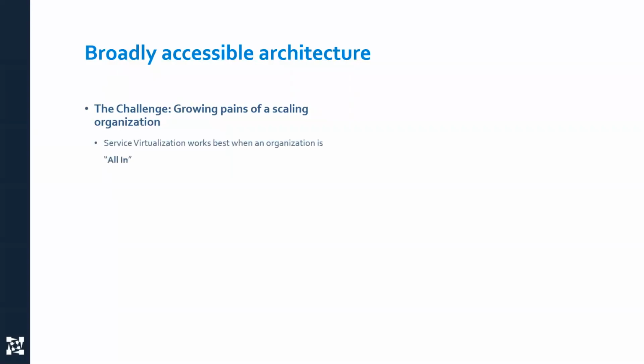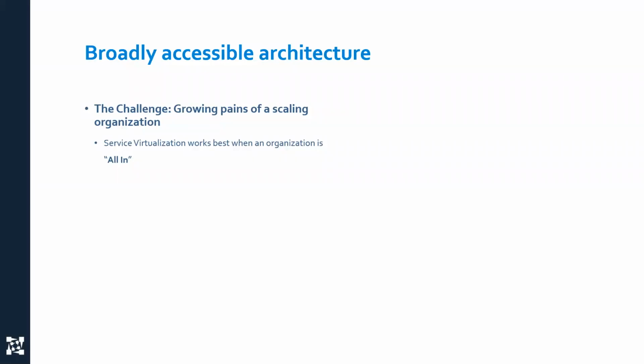And so a service virtualization solution only works the best when the organization is all in. It means that there's a commitment that we're going to use service virtualization across these different areas: performance, early stage development, maybe some prototyping. We're going to use it in our test environments for stability. We've decided across the board we're going to do that.